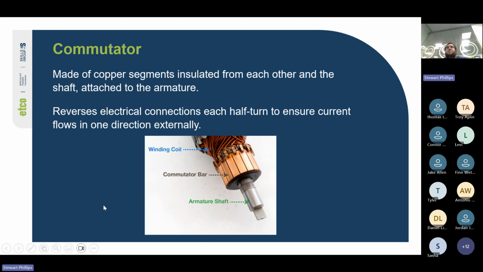So the idea is to always have the commutator segment that it's touching connected to the rotor that is cutting the magnetic field at 90 degrees. Because the coil that's cutting the magnetic field at 90 degrees will be the one with the most voltage induced into it. Like we looked at last week with the sine wave, 90 degrees is always the peak induced EMF.